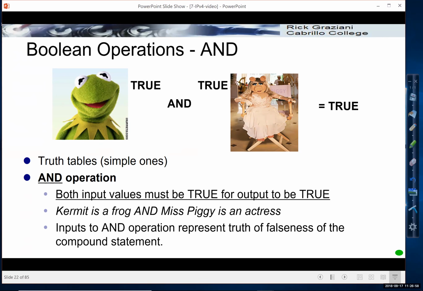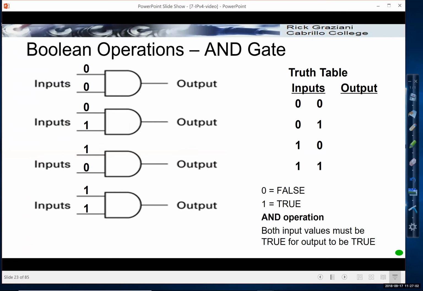Okay, I mentioned that we use these truth tables to compute true and false. So first of all, take a look. I'm using zeros and ones. 0 is false, 1 is true. So in this first one, false and false, that's an AND gate, by the way.